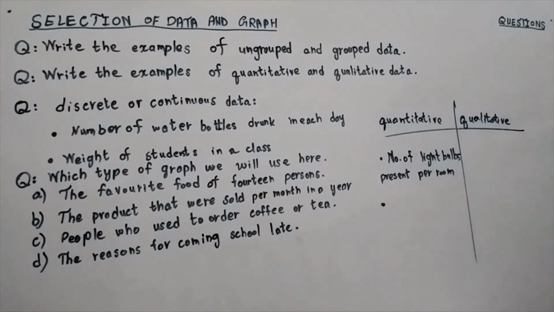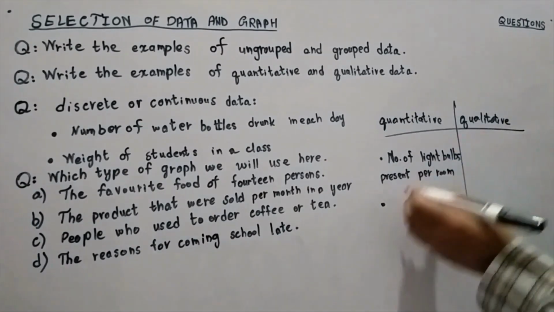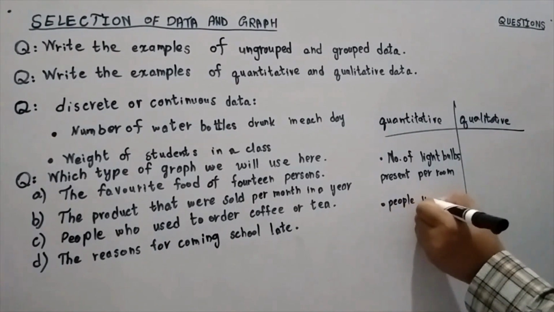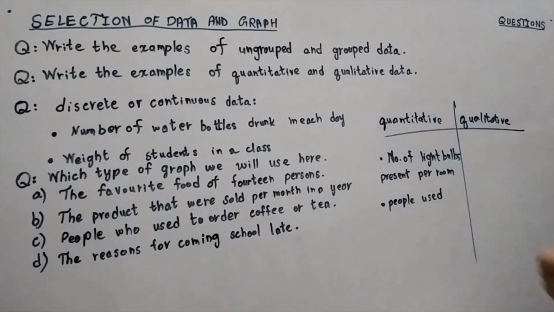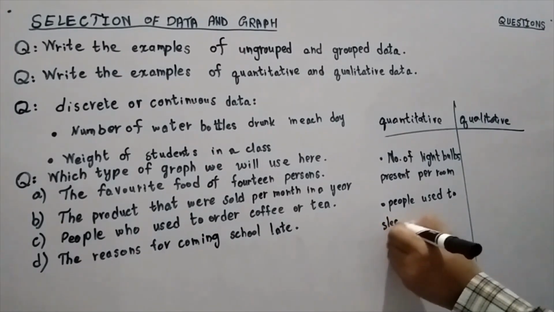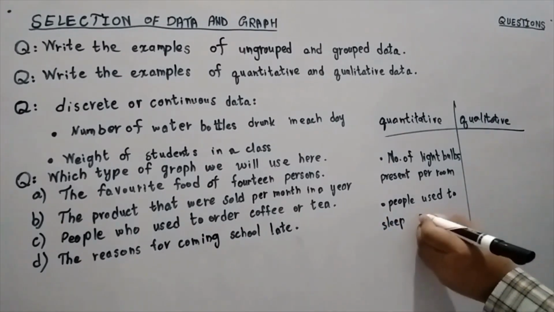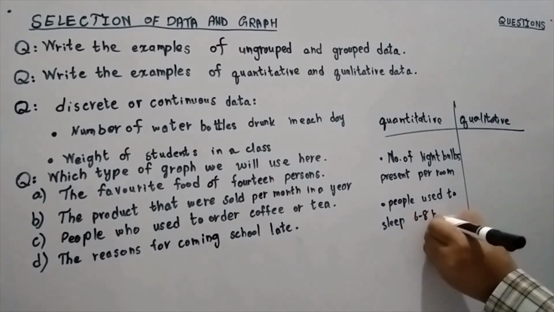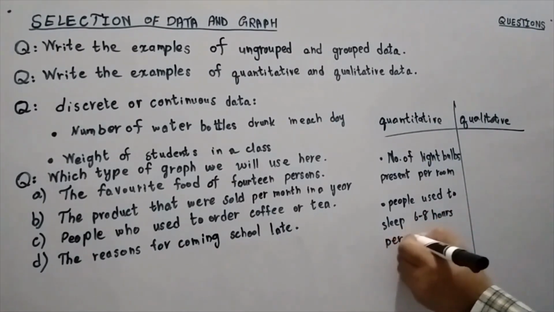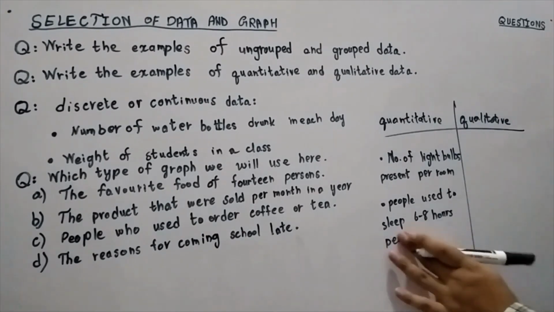If we take another example: people used to sleep 6 to 8 hours per day, or in a day.